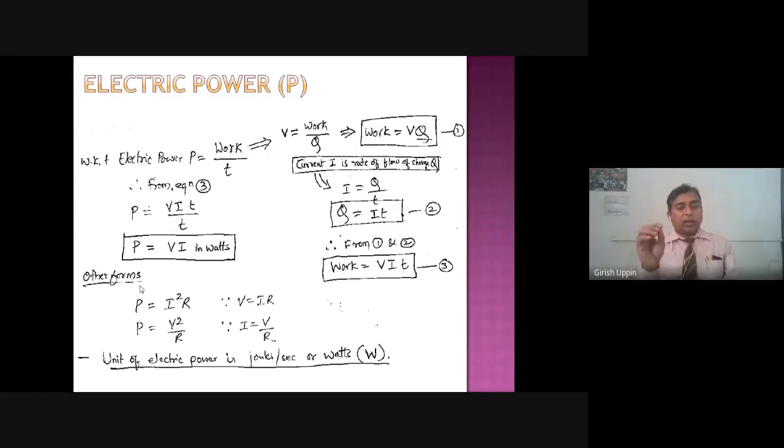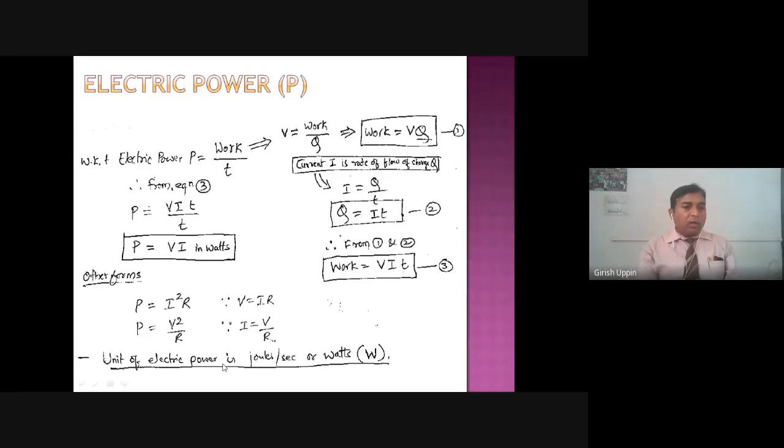Let us say in a particular problem they have asked for the power and they have given only voltage and resistance, so you can directly use V square by R. If you don't want to do that, that is fine. Using V and R you can find I, isn't it? Using Ohm's law, V is given, R is given, you can find the current. Once you know the current, V into current, that is the power.